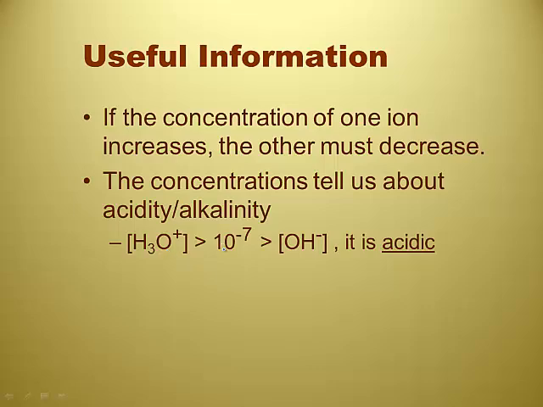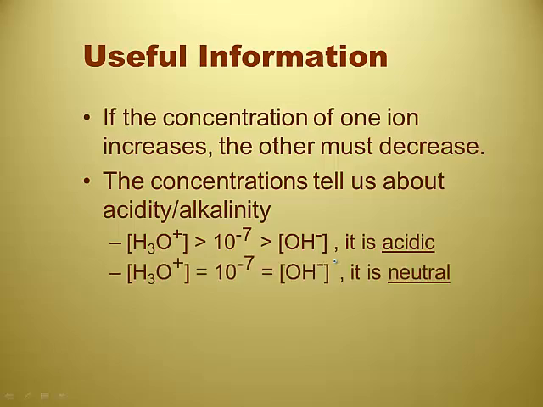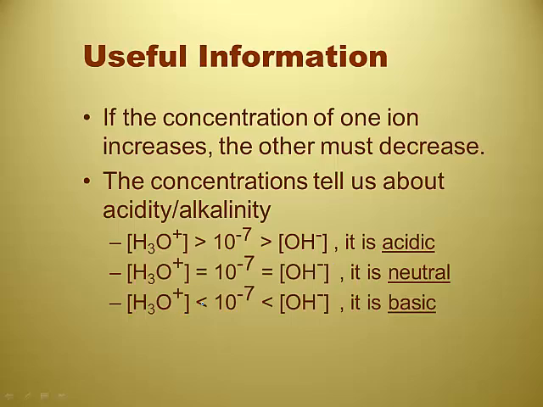If you use 10 to the negative 7th as the middle, if the hydroxide ion concentration is less than 10 to the negative 7th, then it's acidic also. If they're both equal to 10 to the negative 7th, it's neutral. And if your hydronium ion concentration is less than 10 to the negative 7th, then you're going to have a basic solution, so you have more hydroxide than hydronium.